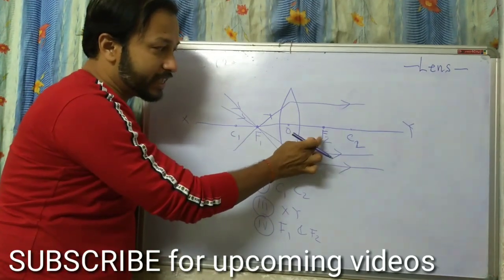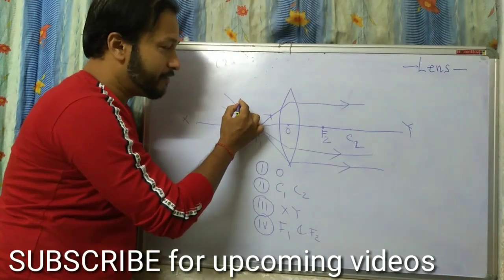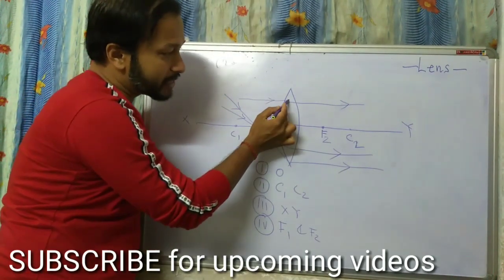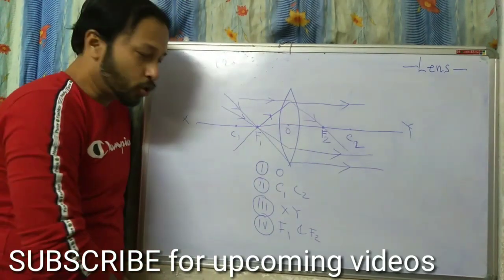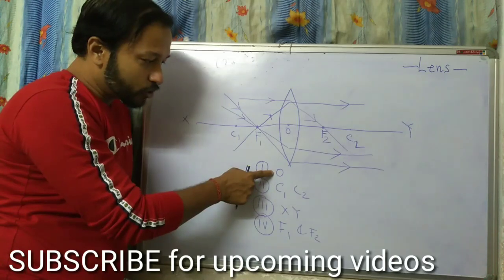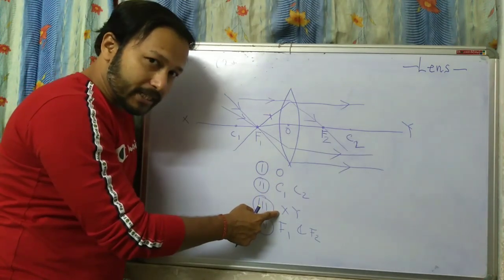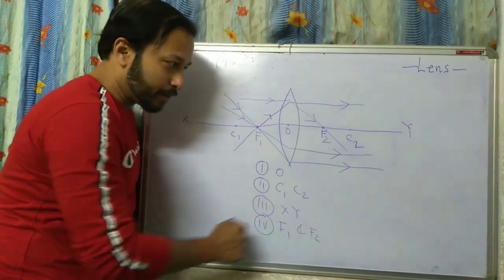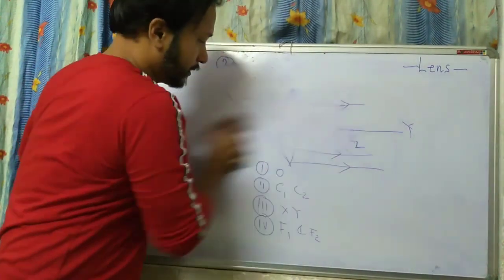And F2, the second principal focus, is that point through which a ray parallel to the principal axis will pass after passing the lens. So we know what is called pole, center of curvature, principal axis, first principal focus and second principal focus.